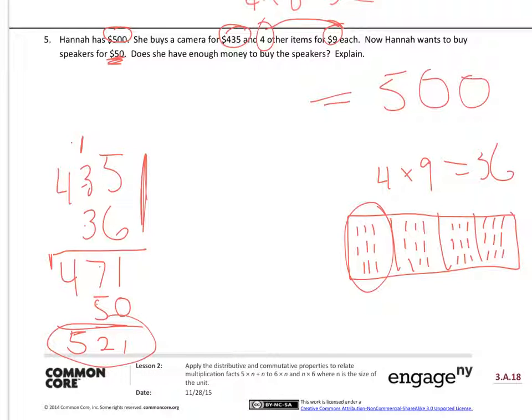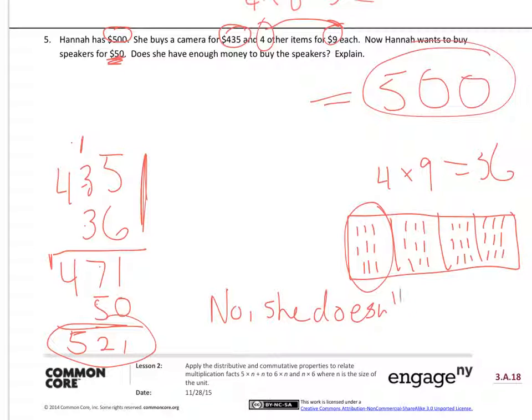So she needs 521 to get all those things. But she only has 500, so does she have enough money? I'm going to say no. She doesn't have enough.